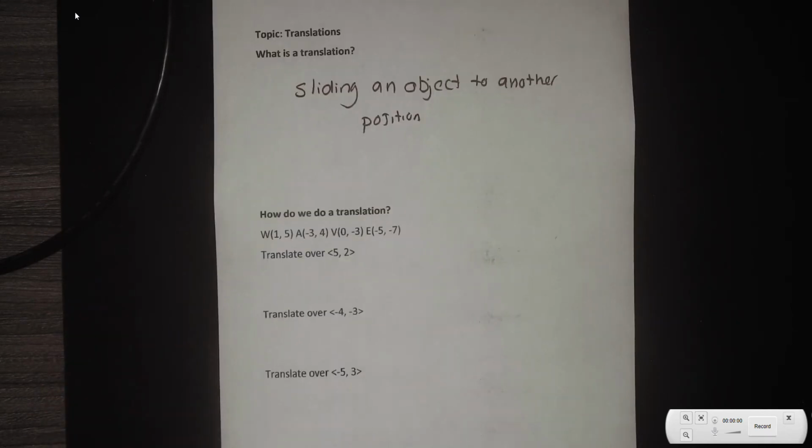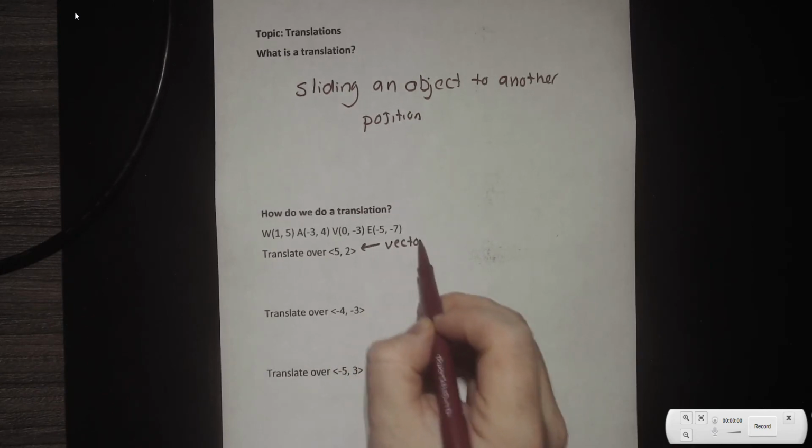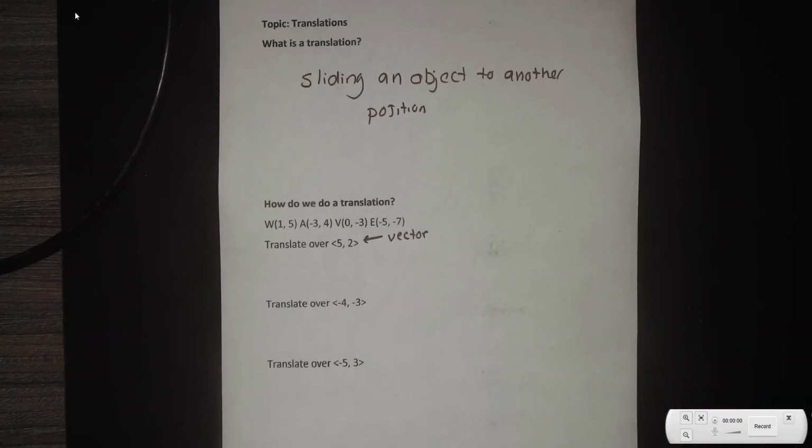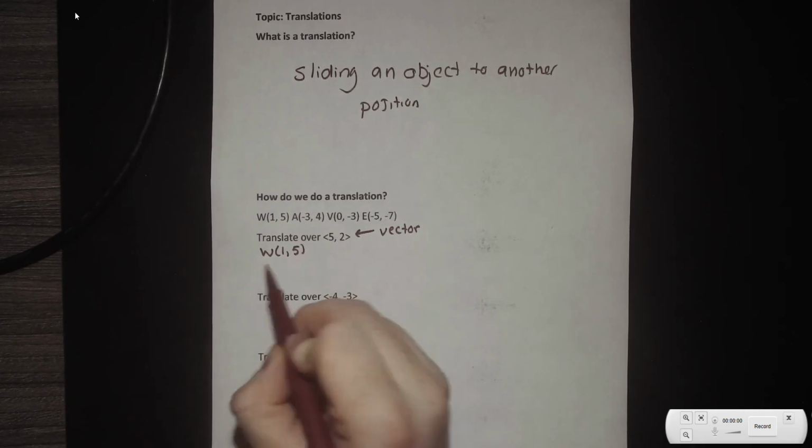At any rate, all I have to do with a translation is just simply add the vector to it. So this is considered a vector. So what I'm going to do is just take the points and add the vector to the points.